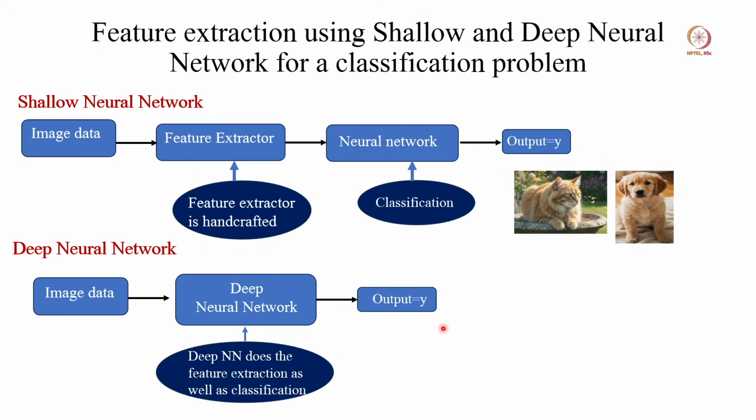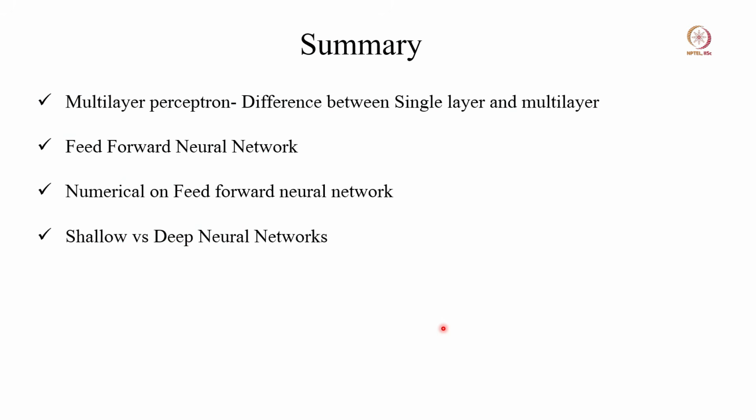So, I think that is all for today's session. We will now have a quick summary of what we have learned today. We started with an introduction to multi-layer perceptrons, how they look, input layer, hidden layers, output layers, how they are connected, and then we saw the difference between the single layer perceptron and the multi-layer perceptron, and for which kind of applications they are good.